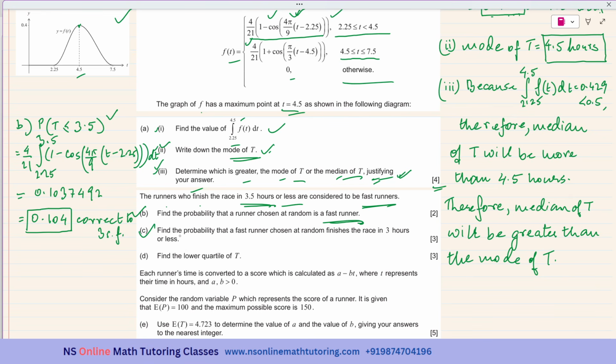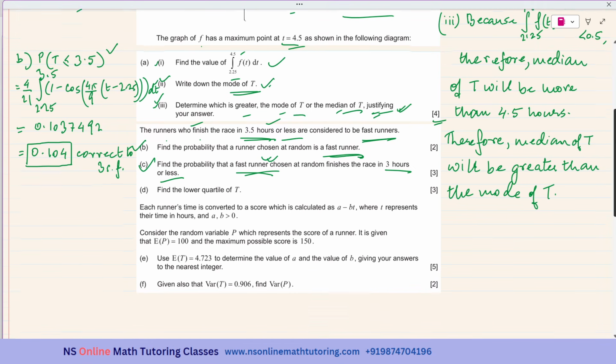So part C, find the probability that a fast runner, that means that runner is taking time less than or equal to 3.5 hours, chosen at random, finishes the race in 3 hours or less. So given that the runner is a fast runner, it is a case of a conditional probability.